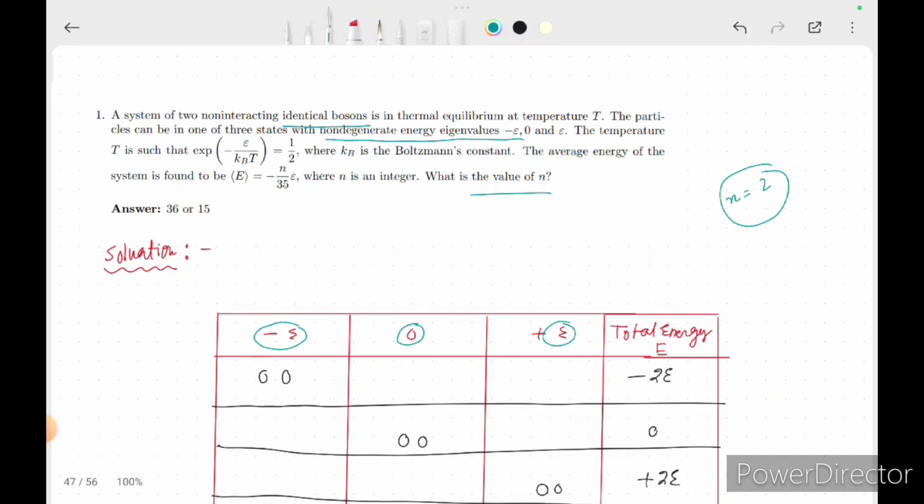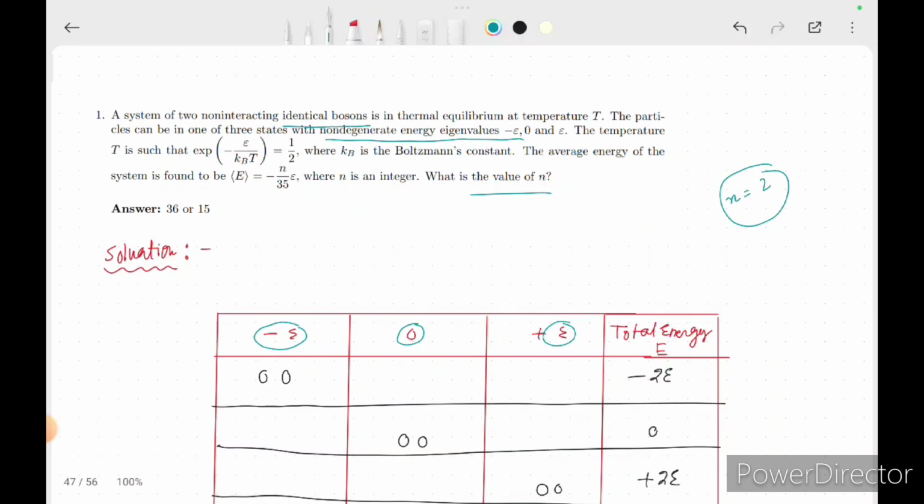As we know the properties of bosons, what are they? There is no restriction on the number of bosons occupying a particular state. A state can be occupied by more than one boson, and one boson can also be placed in a particular state. So there is no restriction, unlike fermions.